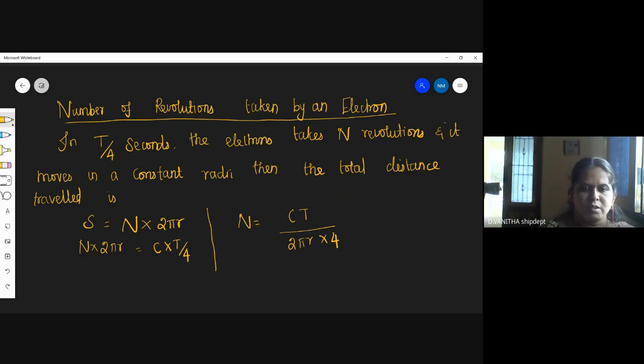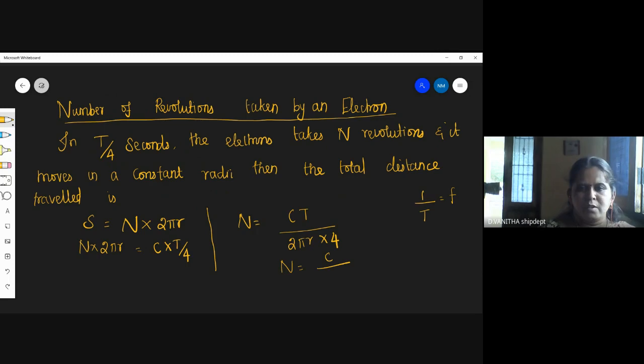So here n is equal to c by 2 pi r into 4, and 1 by T is equal to F, frequency.